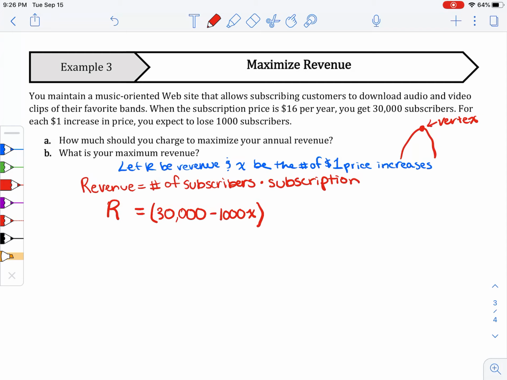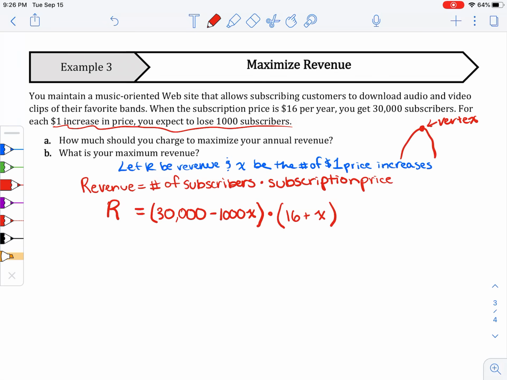So 30,000 is your beginning number of subscribers minus 1,000 per price increase, and that comes from this last sentence right here, times your subscription price, which in this case is 16 plus however many $1 increases you have.